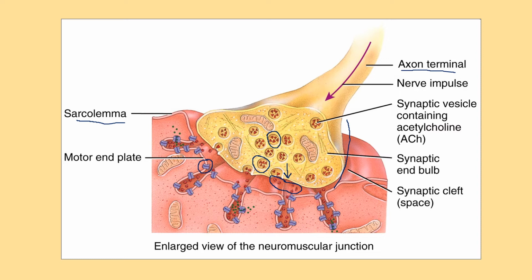So acetylcholine will bind to the acetylcholine receptor. The acetylcholine receptor will open up. It's an ion channel. The gate opens and it allows sodium to enter into the skeletal muscle cell. Sodium's going to move in. How do you think the membrane potential of the muscle cell will change with this influx of positively charged particles?